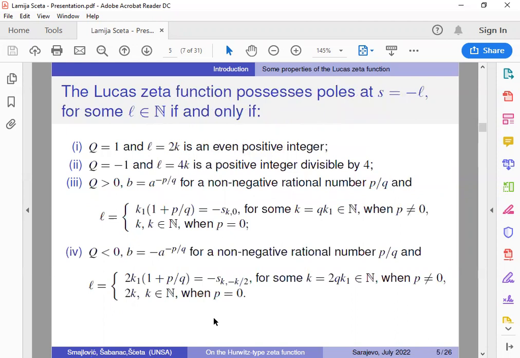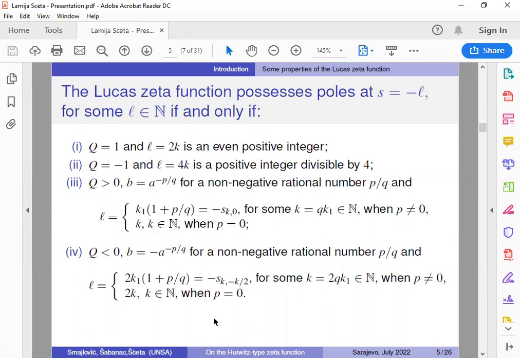Here we collect four cases when the Lucas zeta function possesses poles at negative integers. We collect four cases depending on the value of the number q. The first two, when q is equal to 1 and q is equal to -1, follow from Kamano's work.